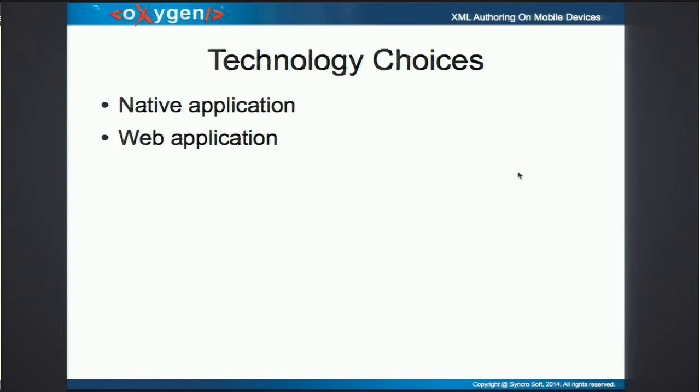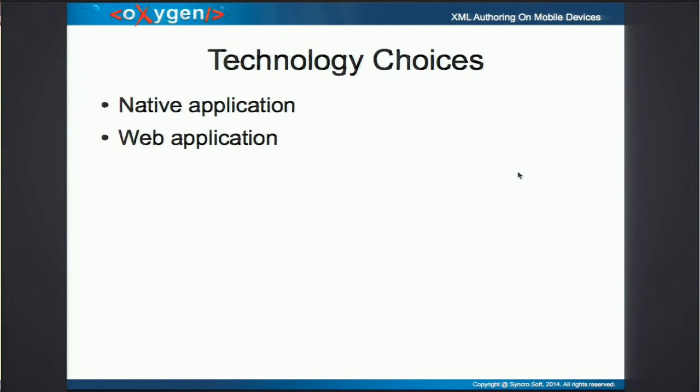So how does this all work? We had to choose between different technologies that are available to build applications on mobile devices. One of the choices was, shall we make a native application or a web application? And of course, Oxygen being Java-based, we already had the experience that it's great to have an application that you can use on different devices, different operating systems, and so on.